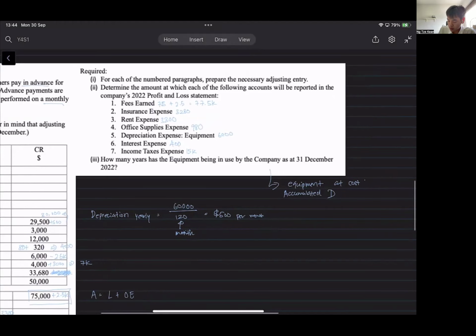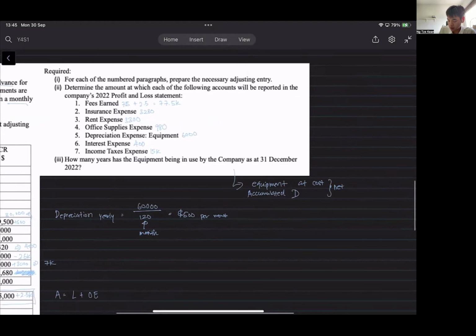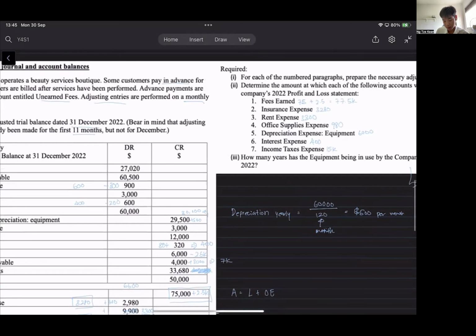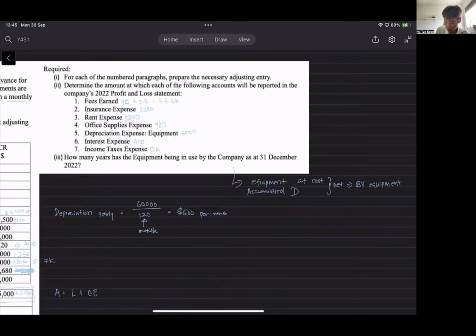And the net of this is the book value of the equipment, meaning essentially the remaining useful value of the equipment that would provide some economic gain or benefit. And we know that the equipment is bought at 60,000 and the accumulated depreciation is 30,000. So we have the net as 60K minus 30K, which gives you 30K, right?